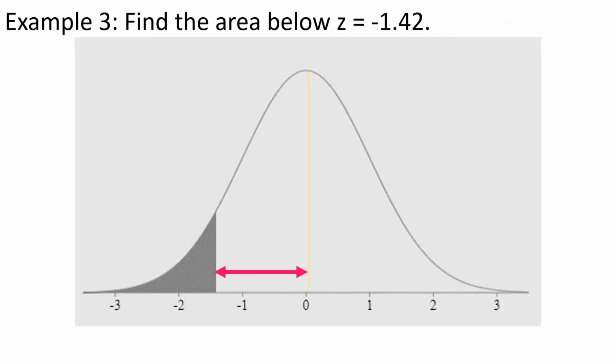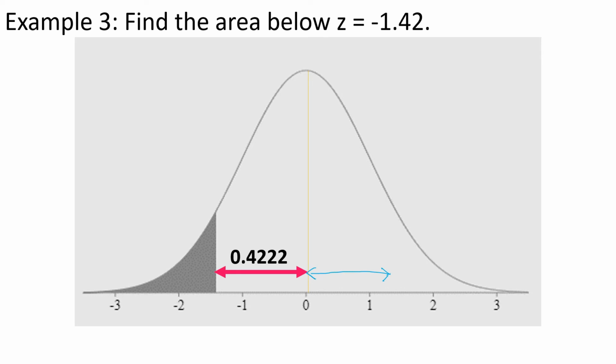Now, since the area from 0 to 1.42 is 0.4222, that means the area from negative 1.42 to 0 is also 0.4222, because they have the same intervals. And this is symmetric to the right.